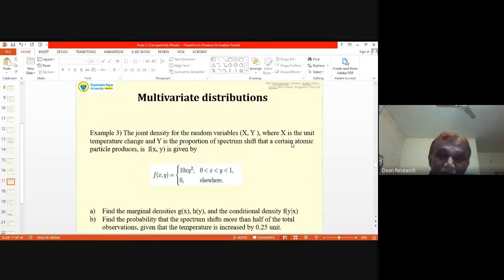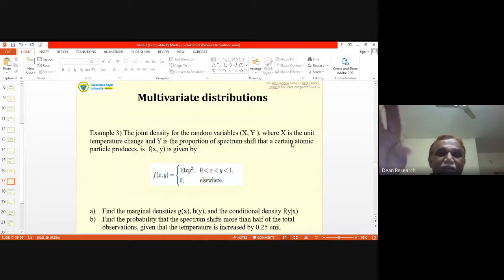In the continuous case, Kavita and others have already assured that they will give enough inputs to those who have forgotten differentiation and integration. Okay, just see the example given over here.